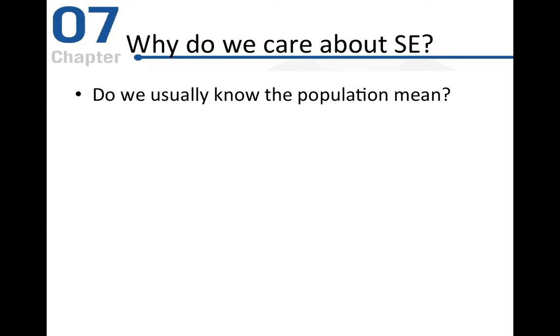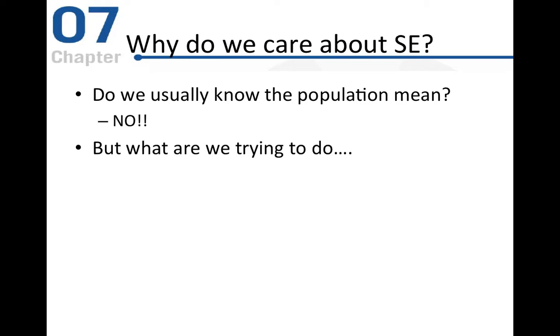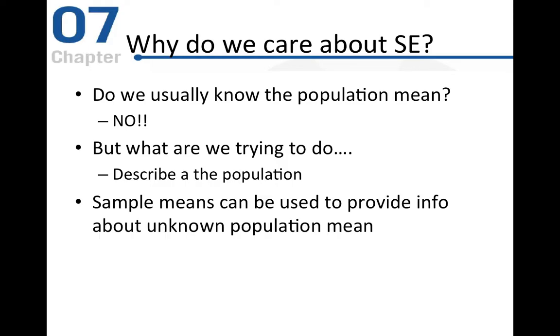So why do we care about standard error? Do we usually know the population mean? Usually not. But what are we trying to do? We are trying to use information gathered from a sample to infer information about a population. We're trying to describe a population from our samples.